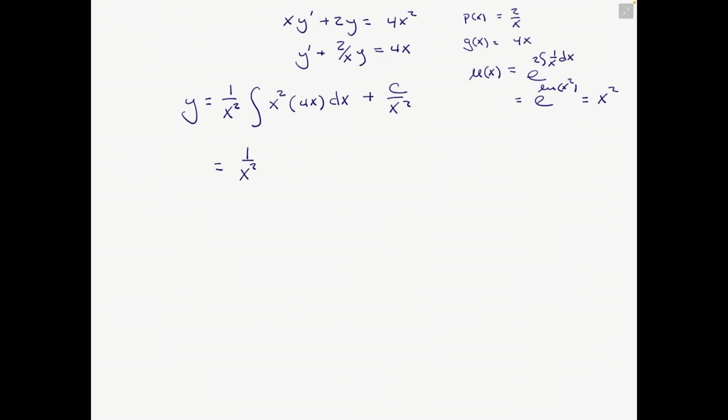And this is 1/x^2 times the integral of 4x^3 dx, plus c/x^2, which equals 1/x^2 times x^4 plus c/x^2. That is x^2 plus c/x^2.